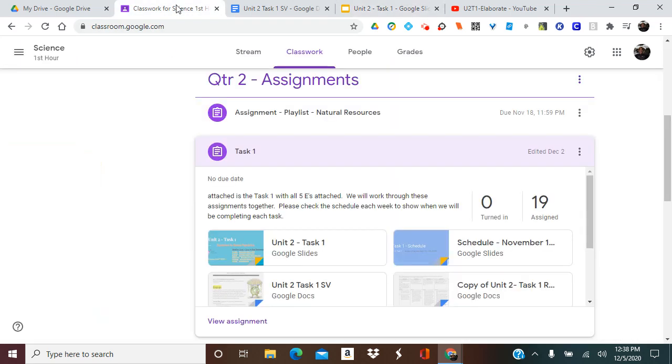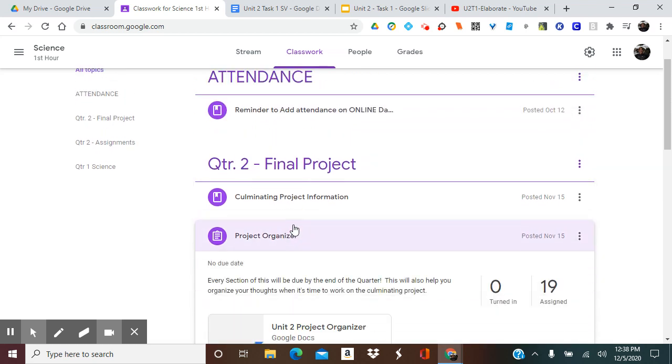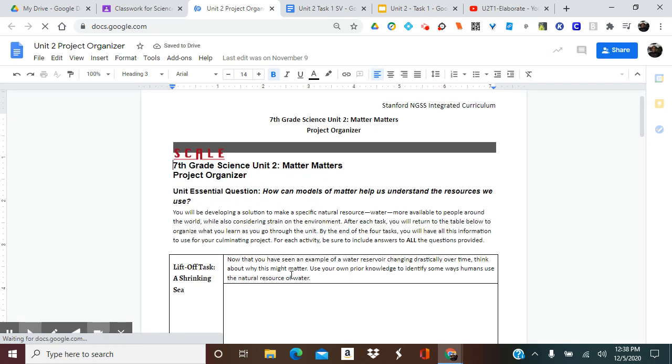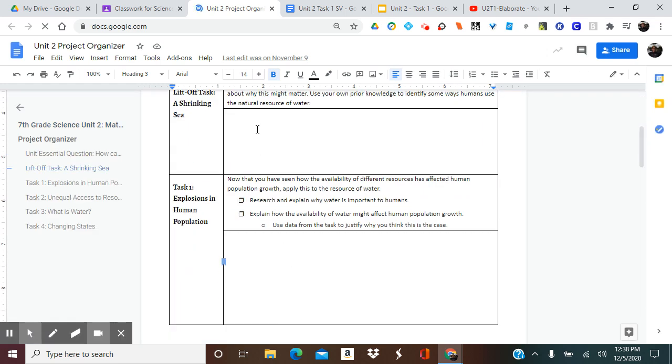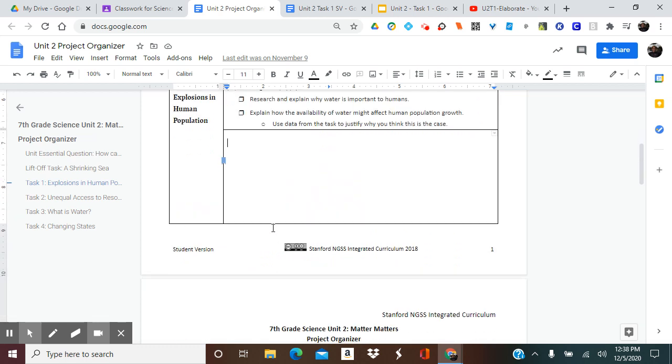Your project organizer is up here in the final project section. That is a whole different graded assignment than your regular student version, okay? In your project organizer, you should have filled in the part about the Aral Sea, and today I'm asking you to fill in this part.